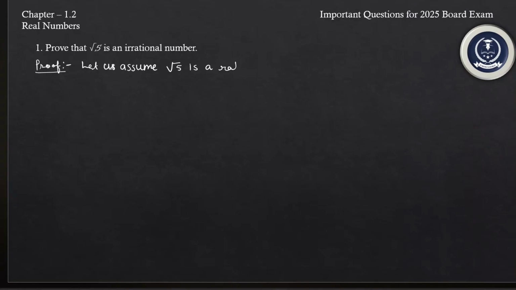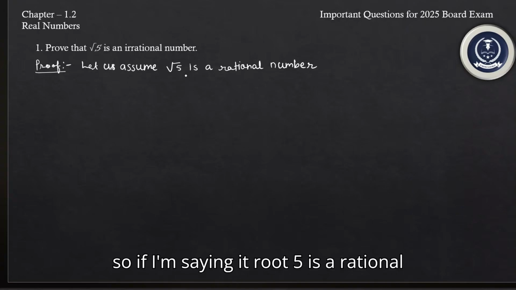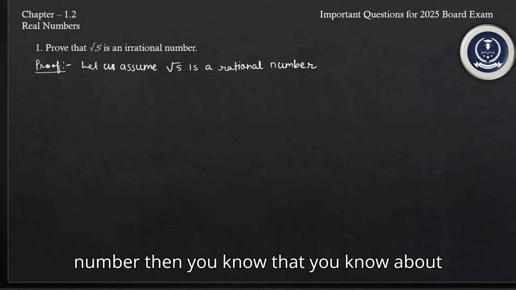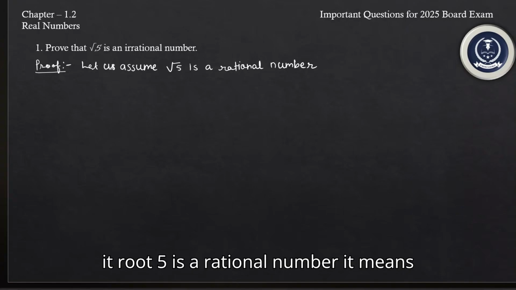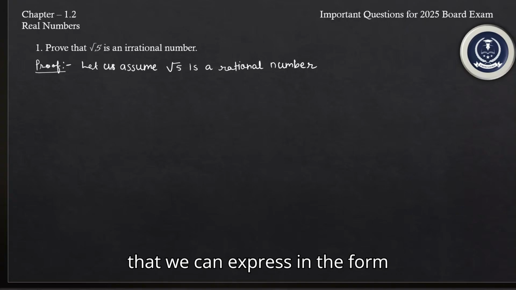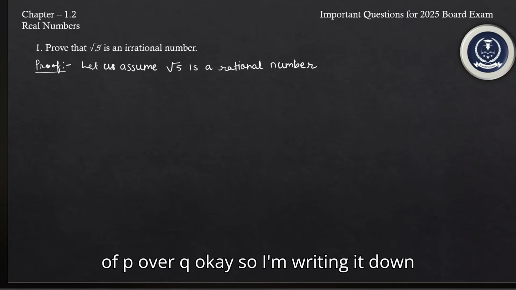If root 5 is a rational number, it means that we can express it in the form of p over q.